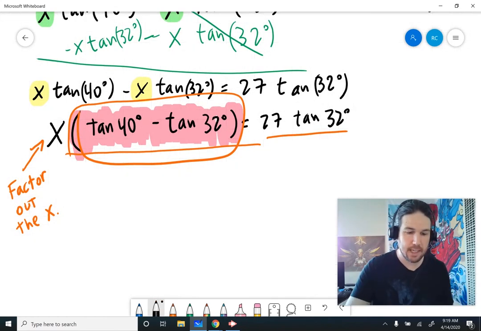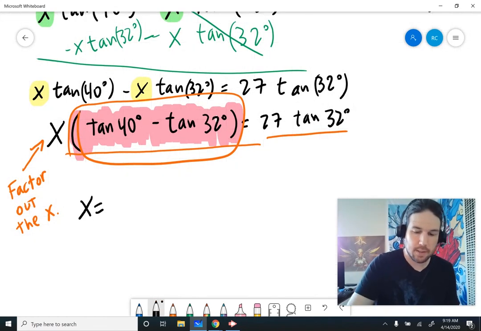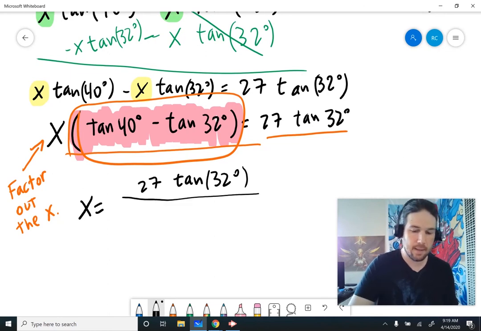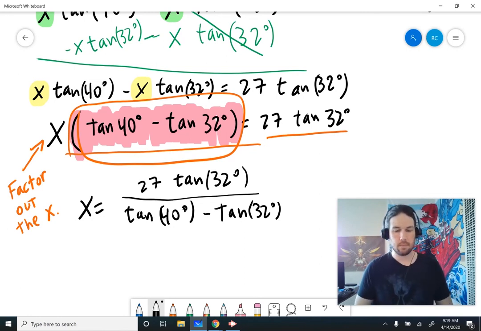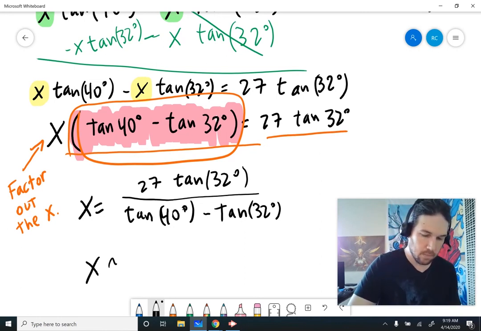So I'm dividing both sides by that, and I get x equals 27 tangent 32 degrees on the top divided by tangent of 40 degrees minus tangent of 32 degrees.